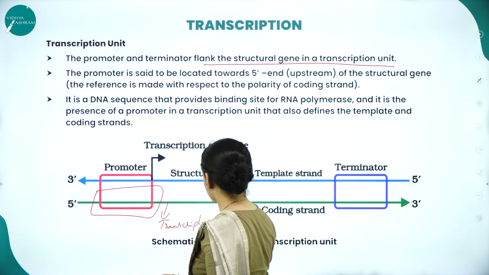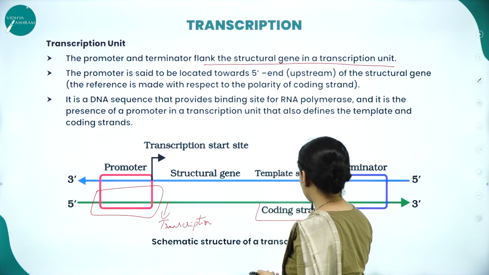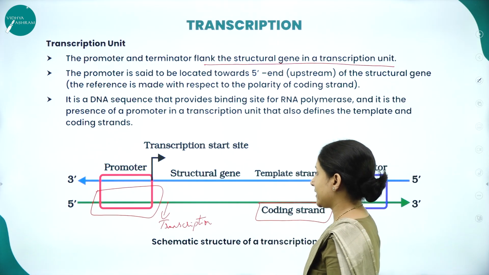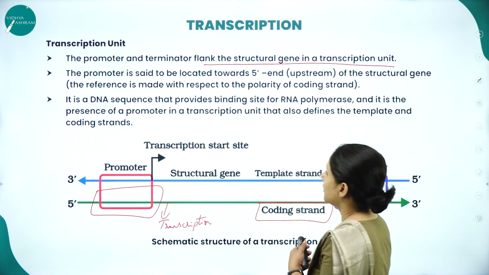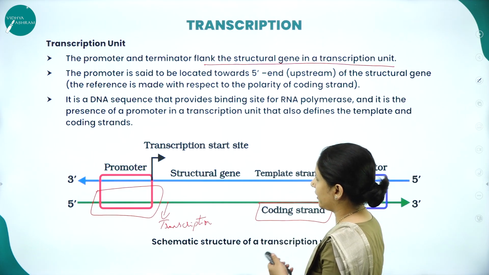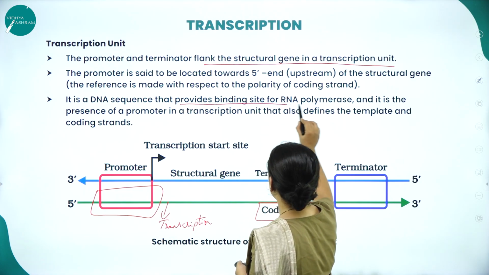Now this is the coding strand. So which strand participates in the process of transcription? It is the coding strand. So the promoter is said to be located towards the 5' end and the terminator is said to be located towards the 3' end. It is a DNA sequence that provides the binding site for RNA polymerase.